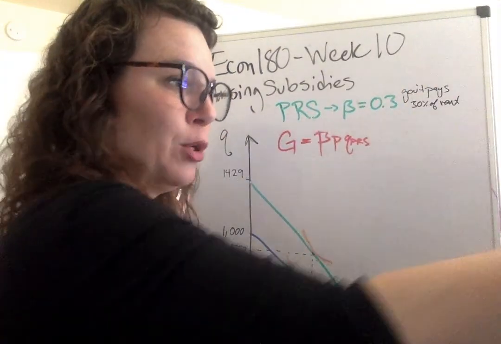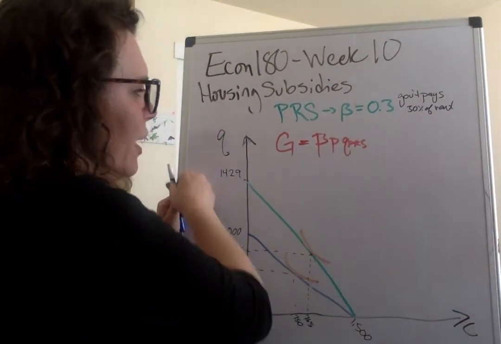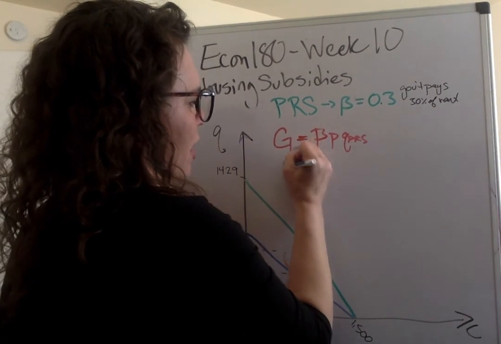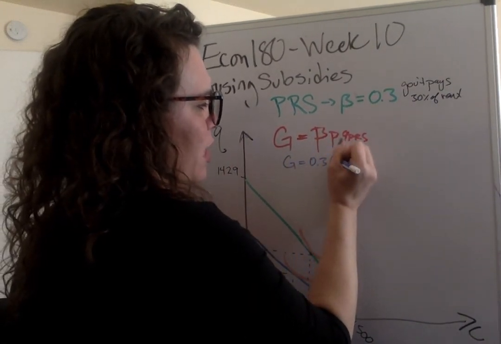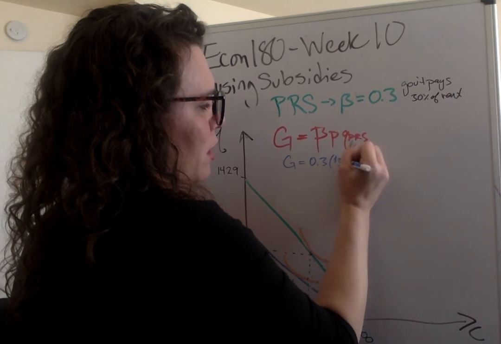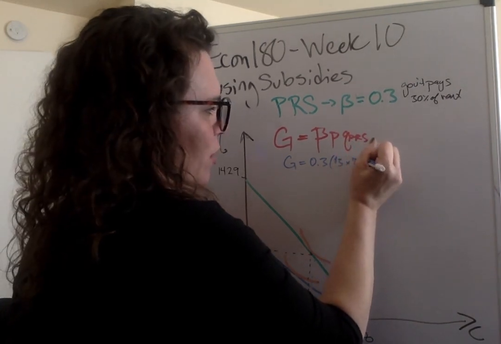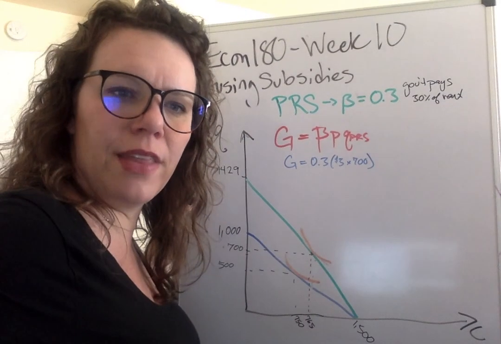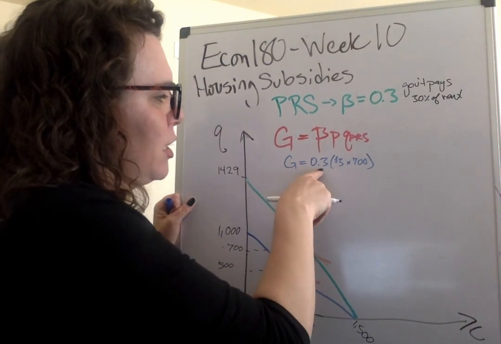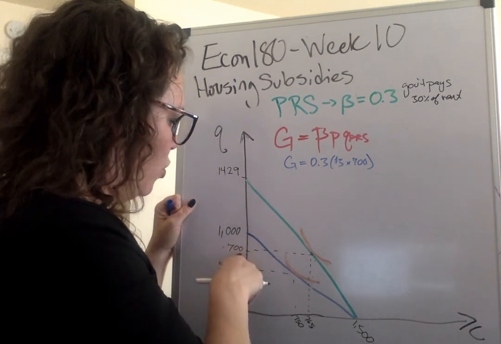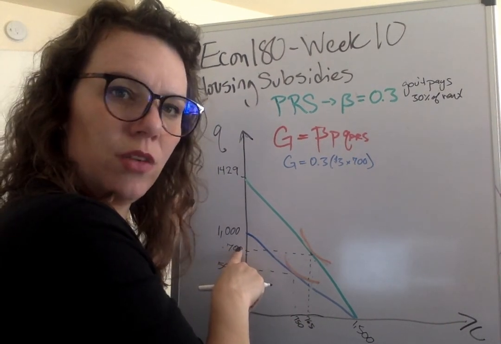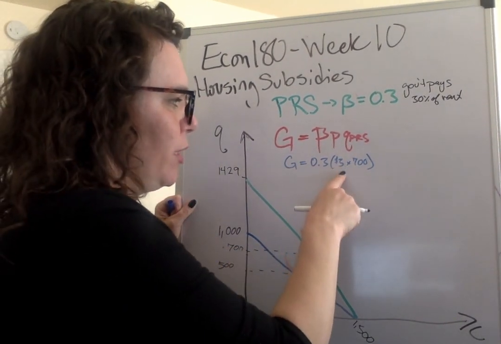Or, to put it a clearer way, the grant is going to be equal to 0.3 times $3 times the 700 square feet of housing consumed. And that's because, right, the government's going to pay for 30% of this housing expenditure. The household chose to consume 700 units of housing, and the price is $3.